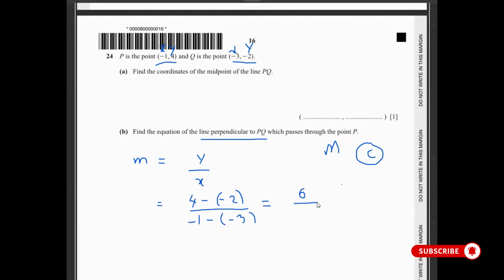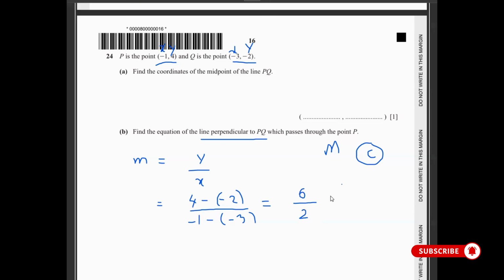And the denominator? Minus 1 minus minus 3: minus and minus is plus 3. So minus 1 plus 3 is plus 2.